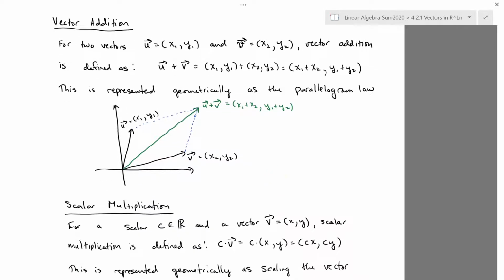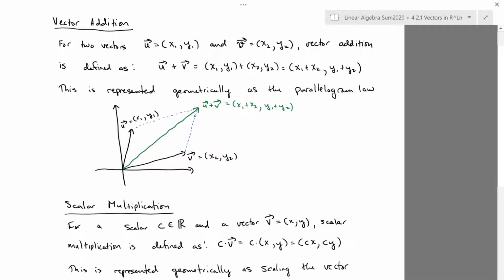The operation for scalar multiplication again follows exactly like matrices. You take a scalar c, any real number, and multiply it by a vector, which just means multiplying all the coordinates by the scalar. Here both the x and y coordinates are being multiplied by c.